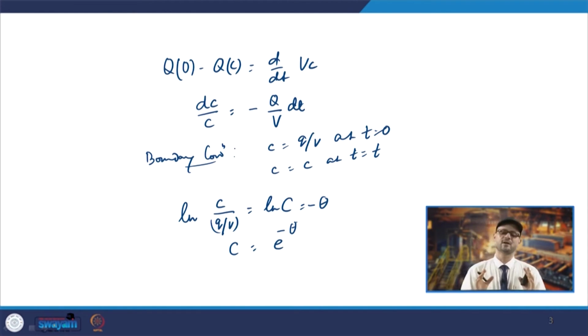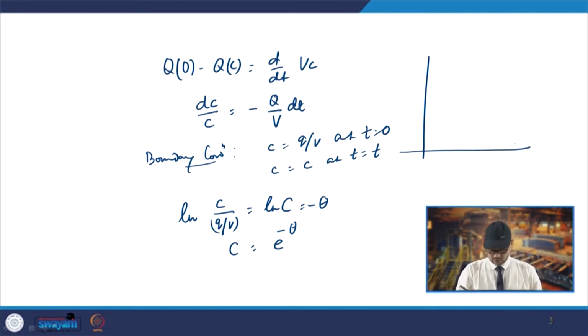For the ideally mixed flow, if you take theta as 0, initially at time 0 you have concentration as 1, and as you move with time, if you plot it, you see an exponential decay type of curve.